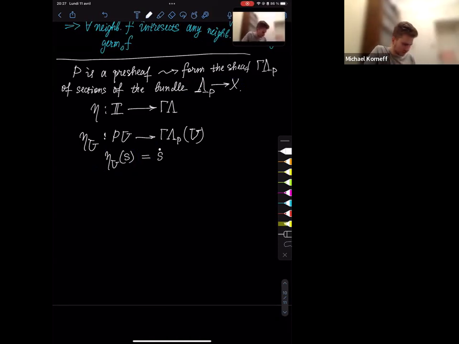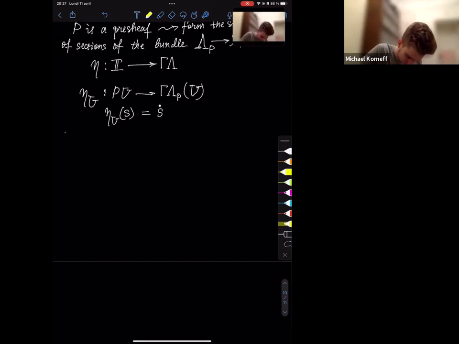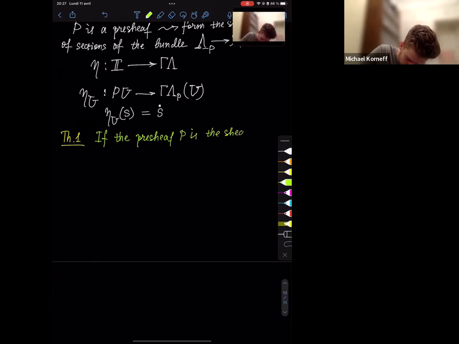And eta is actually a natural transformation, and theorem: if the presheaf P is a sheaf, then eta is an isomorphism.